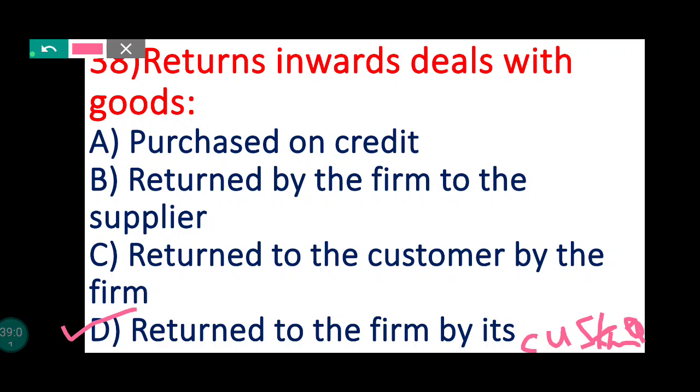Other options are given like purchase on credit. No. Returned by the firm to the supplier. No. That is known as return outward. Return to the customer by the firm, means goods are sent to the customer by the business. No. But return inward means goods are returned to the firm by its customers.